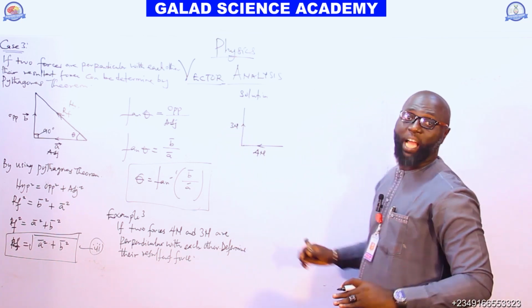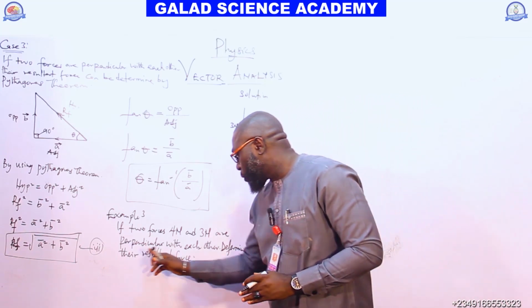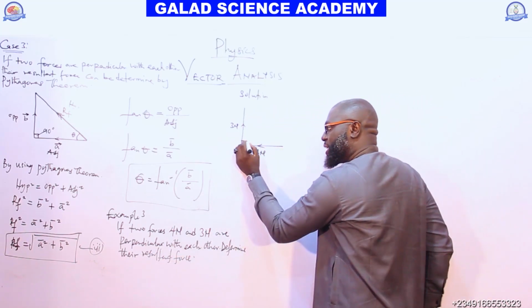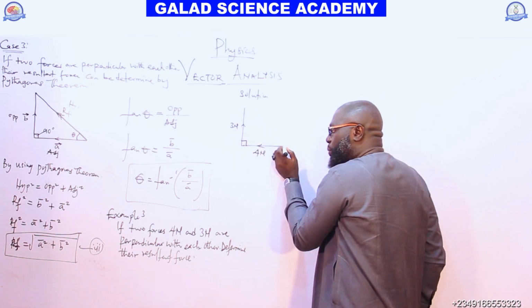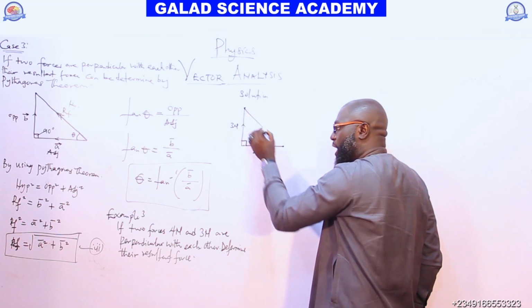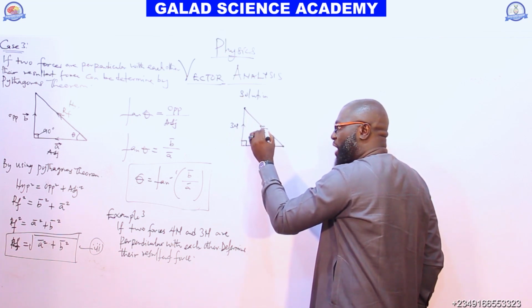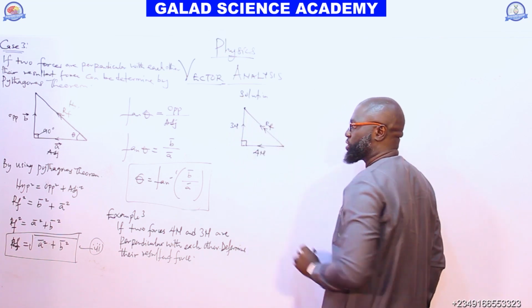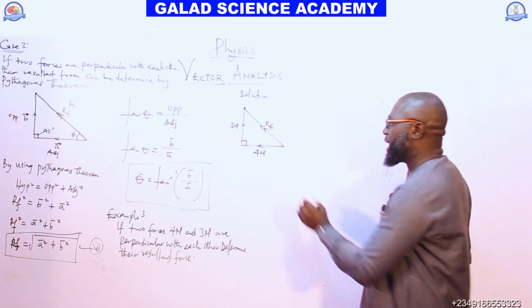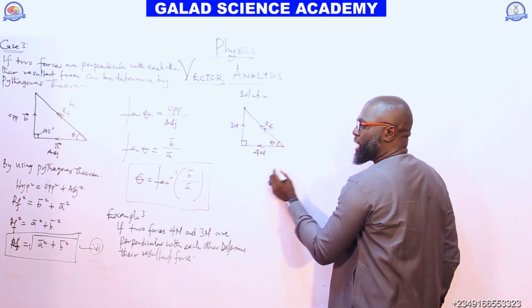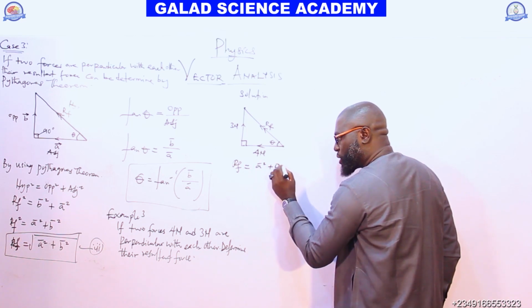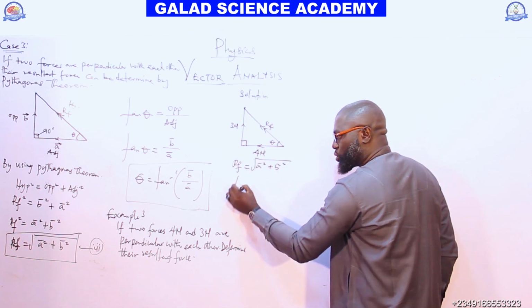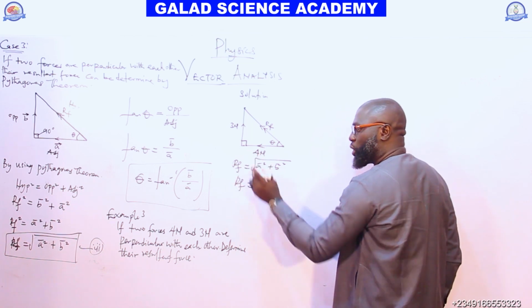If they say two forces are perpendicular with each other, the word perpendicular means the angle is 90 degrees. The next thing is you join this point with this line together. By joining them together, this is the resultant force, and here we have angle theta. From the formula, the resultant force is the square root of A squared plus B squared.